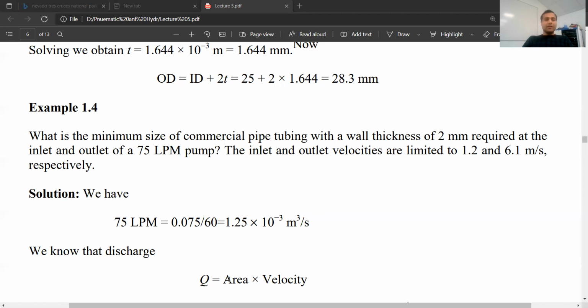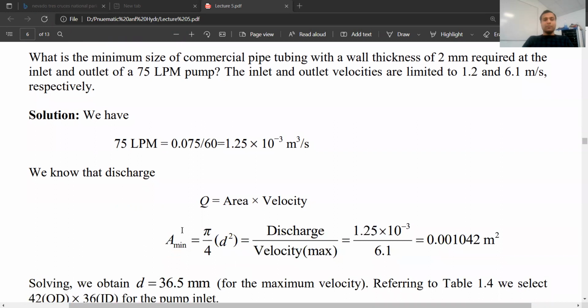You do not have the area, but you have the discharge, 75 lpm. So we are going to rearrange that equation and find the area. We can find the minimum area, and we can also find the maximum area. For the minimum area, we use the maximum velocity. For the maximum area, we use the minimum velocity.